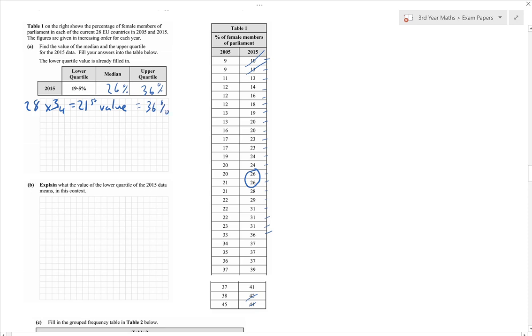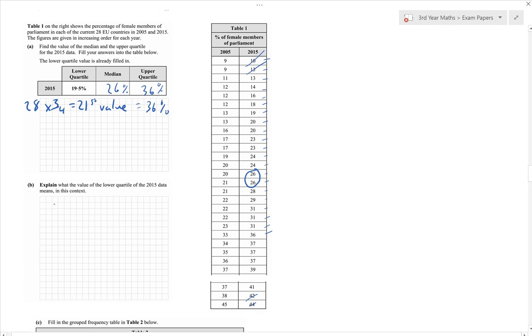Explain what the value of the lower quartile of the 2015 data means in this context. So the lower quartile effectively is the median of the lower half of the data. So if the data was divided into two, it'll be the middle there. So it's the median of the lower data, or you could say 75% of the data lies above the lower quartile.